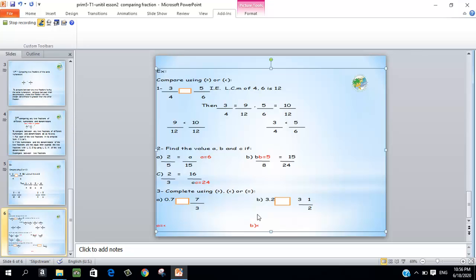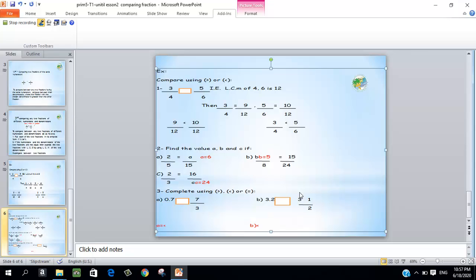Another example: 3.2 or 3 and a half. We can change the fraction into a decimal, and we can also change the decimal number into a fraction. How? Can 3.2 be changed into a fraction? Yes. A fraction or a mixed number? A mixed number: 3 and 2 over 10.